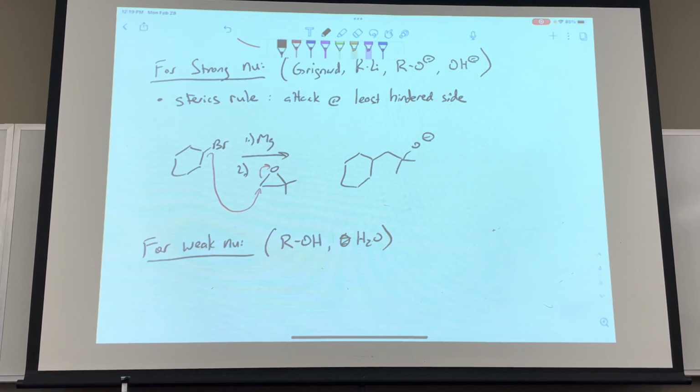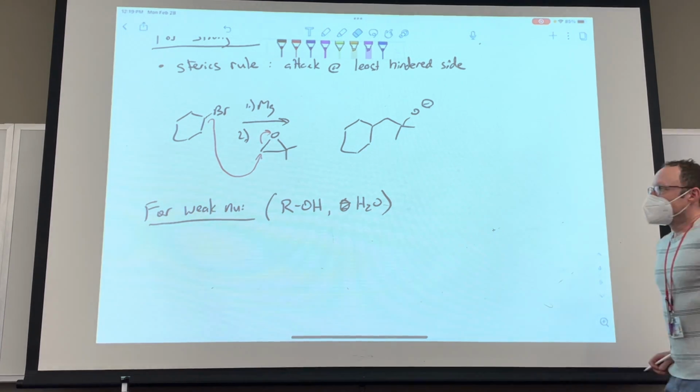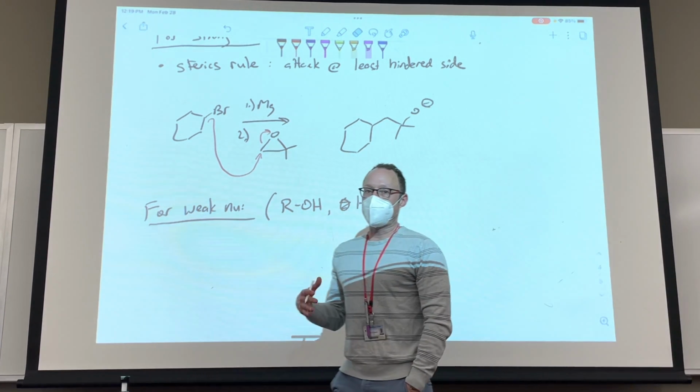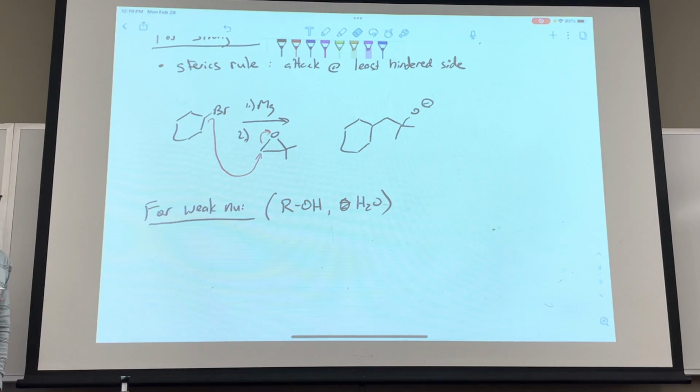Now, this is something that we're going to see in the next chapter as well, and I think we've talked about it before. Reactions don't work when you have a weak pair. So if you have a weak nucleophile, you are not going to expect a good reaction if you also have a weak electrophile. A weak pairing does not lead to a reaction. At least one of them has to be strong.